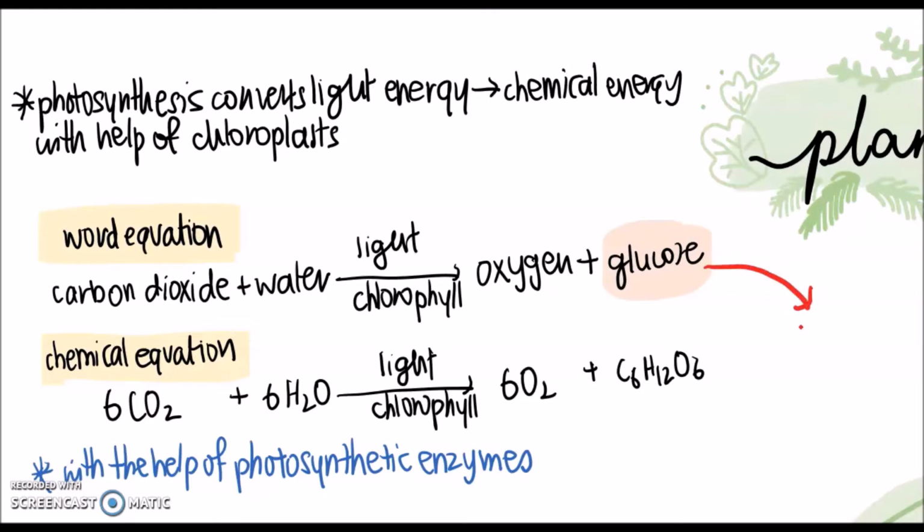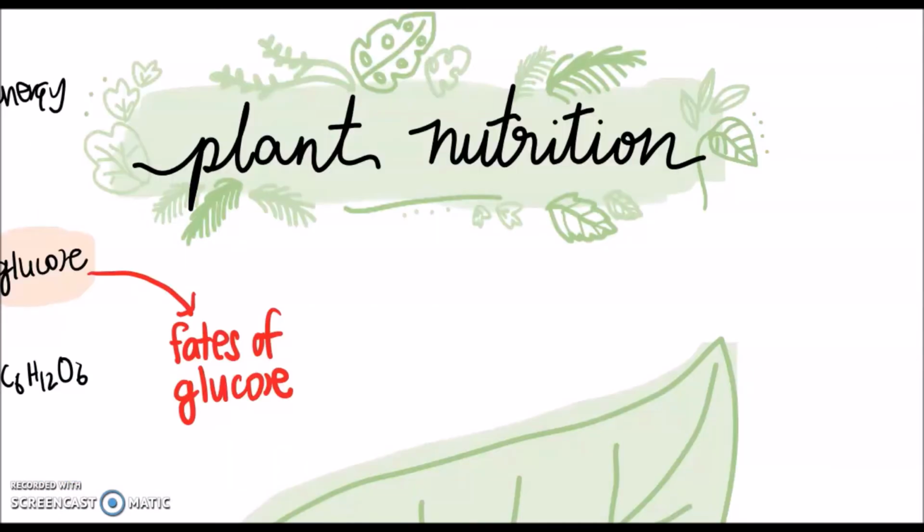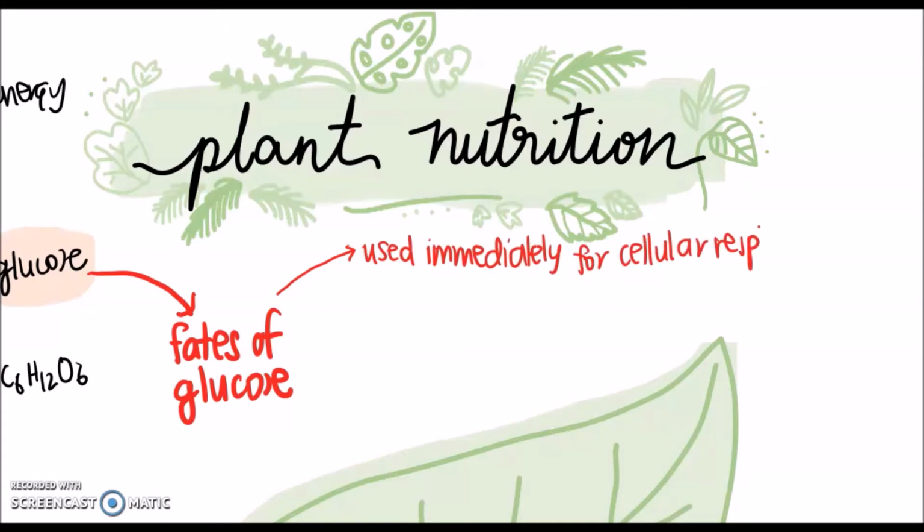Now, glucose, we have also learned, is converted to different things known as the fates of glucose. Glucose can be, firstly, used immediately for cellular respiration to release energy for the plant.